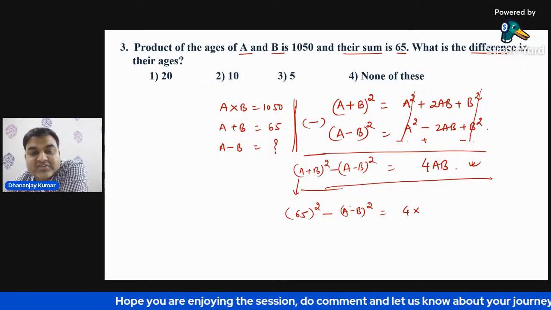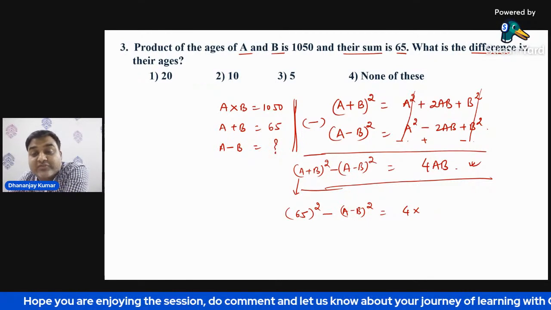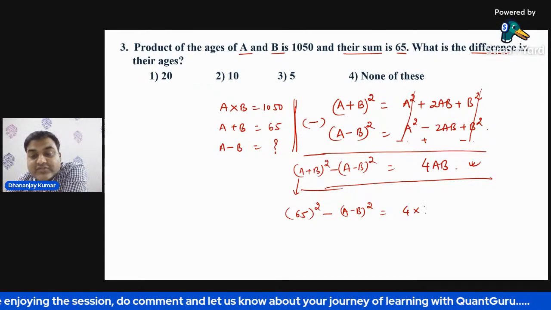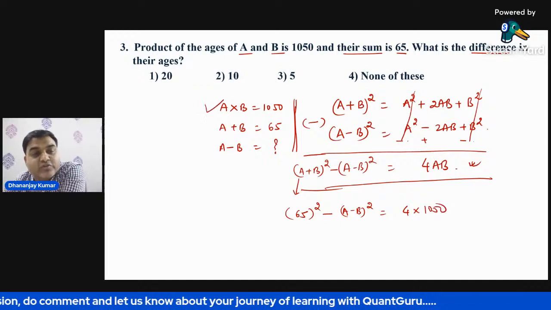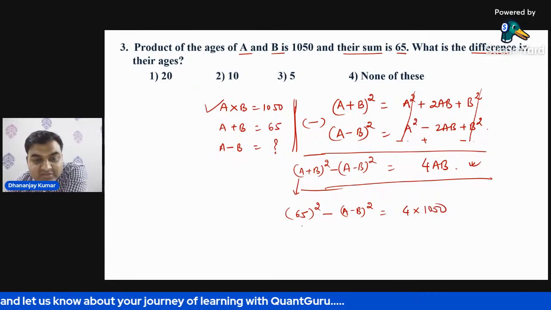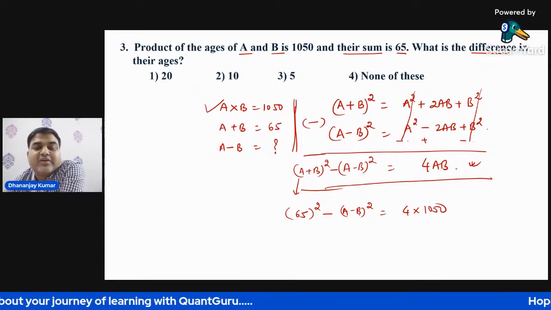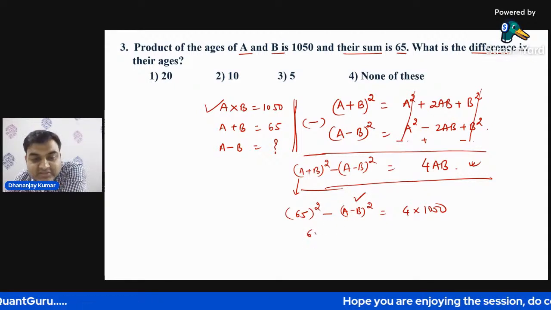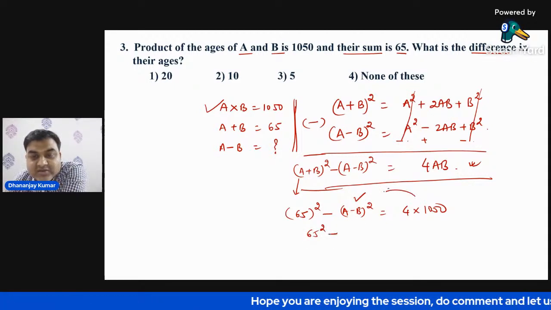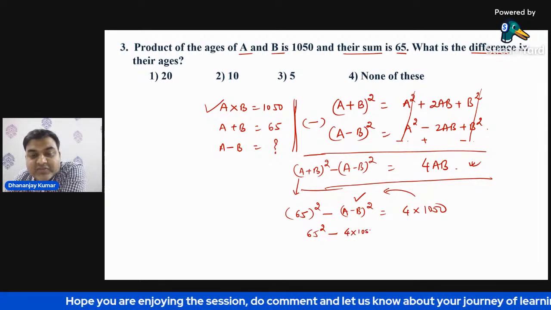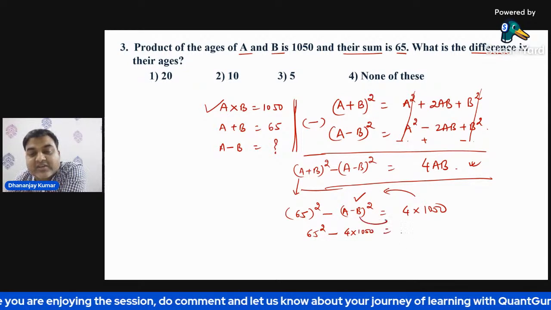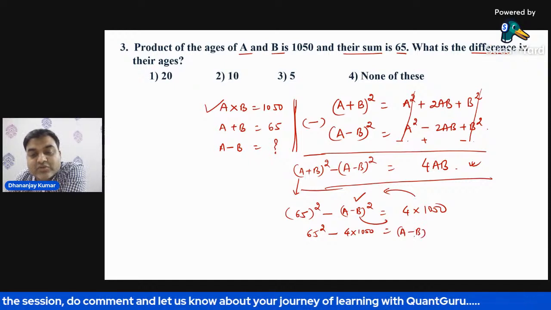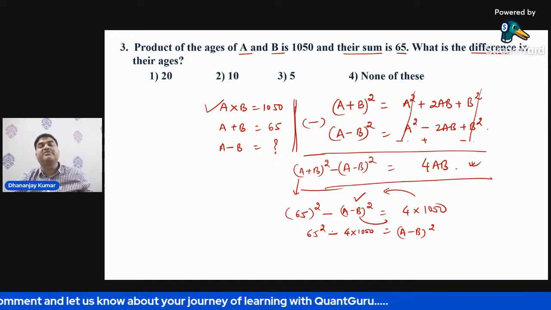A plus B was 65 square, A minus B we do not know, and 4 times A into B, which is 1050. That means this is 65 square, and we want to find only this part. So let's take 65 square minus 4 times 1050 on this side, and it is going to be equal to A minus B whole square, because it is negative, it becomes positive.